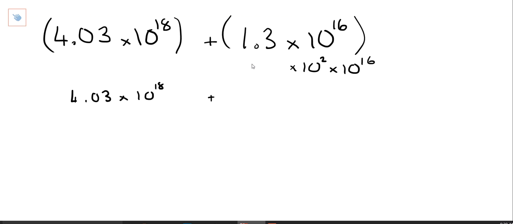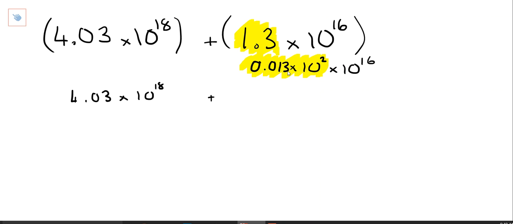So what we're looking for, look, if I say the 1.3 needs to be something times 10 to the power of 2. 1,300. No. 130. Nope. I need them to have exactly the same value. 0.013.